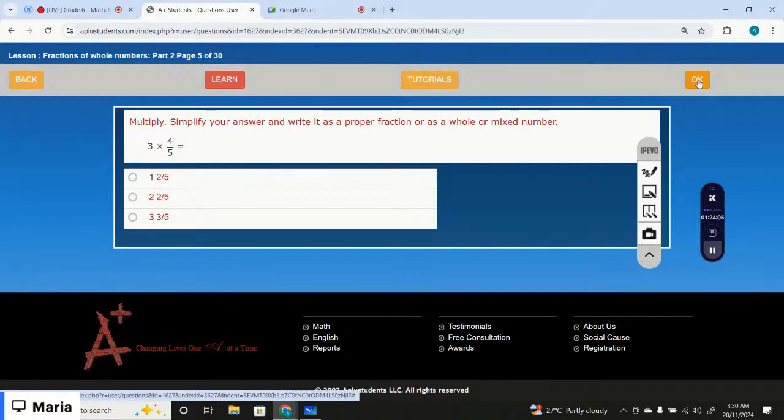3 times 4 by 5. So which is the correct option? So you have to do 3 times 4 is 12.